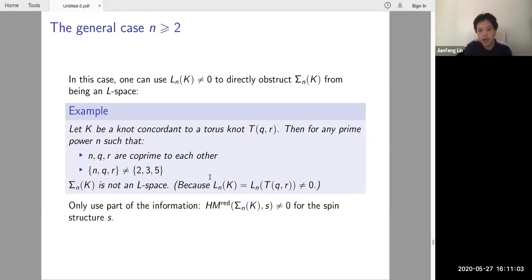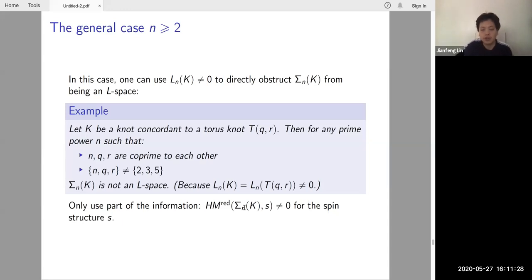Okay, and we also note that for this example, we only use part of the information. Namely, from the fact that the monopole Lefschetz number is non-zero, we conclude that the reduced monopole Floer homology is non-vanishing for the unique spin^c structure that is invariant under the covering transformation.